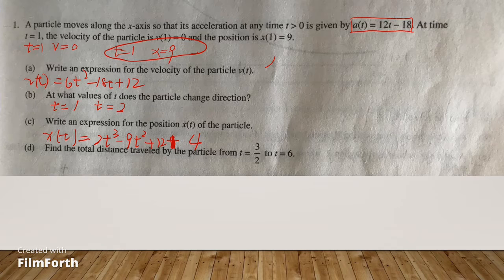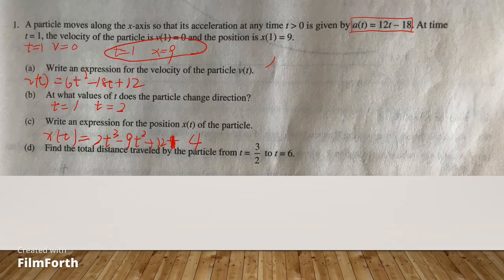A positive integral means it is traveling to the right in our question, and a negative integral means it is traveling to the left. But because in section 2 part A we can use a calculator, we have an easier way to solve it.